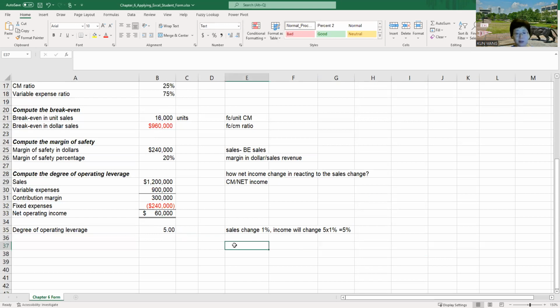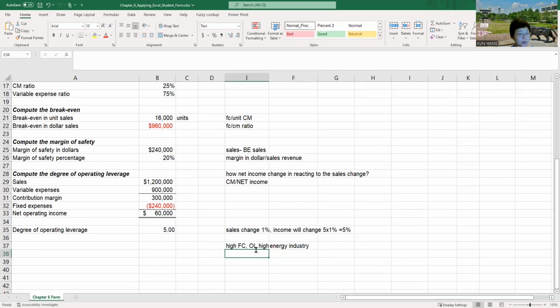If you have high fixed cost, the operating leverage will be high as well, like energy or heavy equipment.